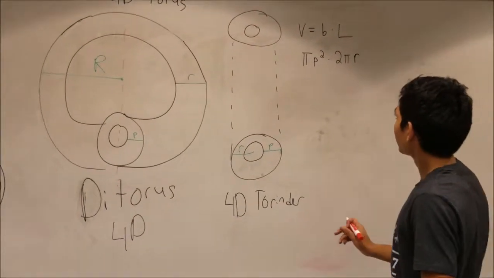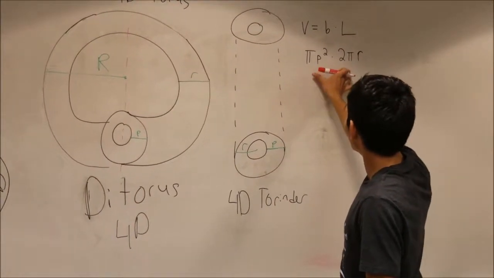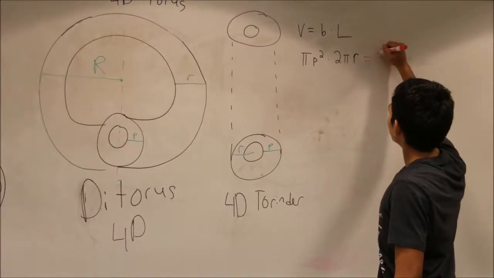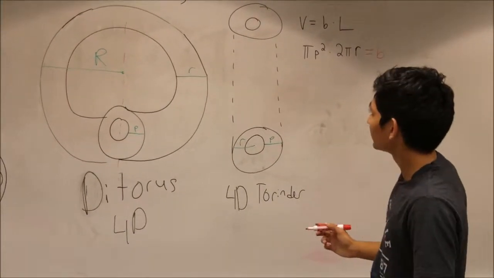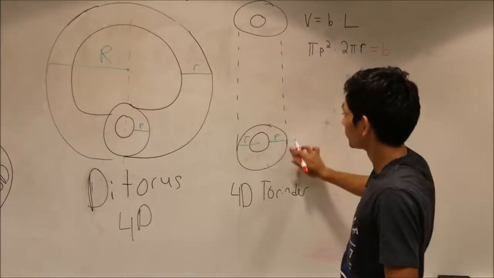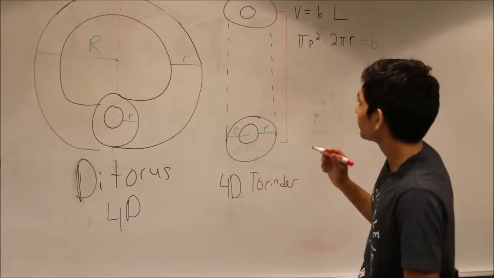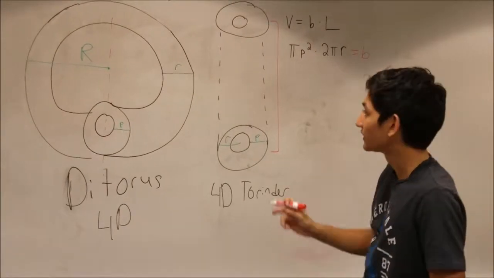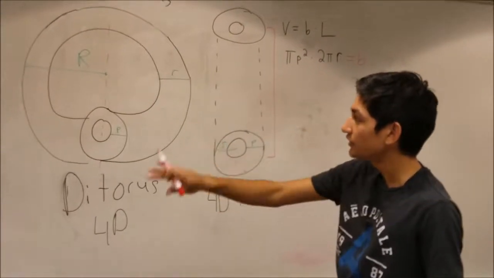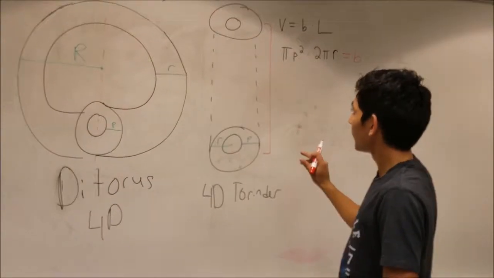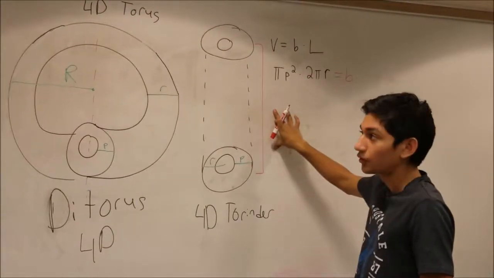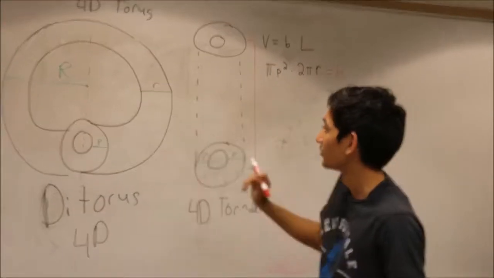So now that we have the volume of just the base, we want to find the length of the torrender. So we want to find this value. And if you remember, similar to how we figured out the length of the cylinder in the 3D torus, we can use a similar process to figure out the length of the 4D torrender in the 4D ditorus.